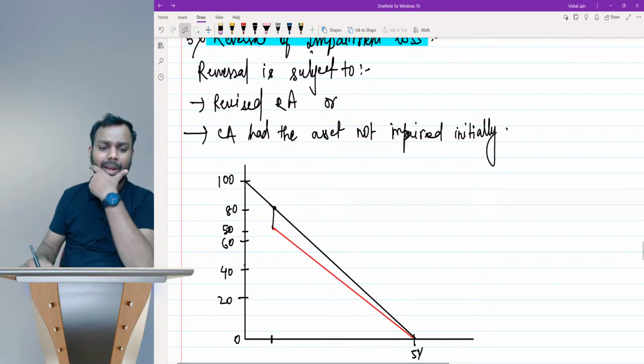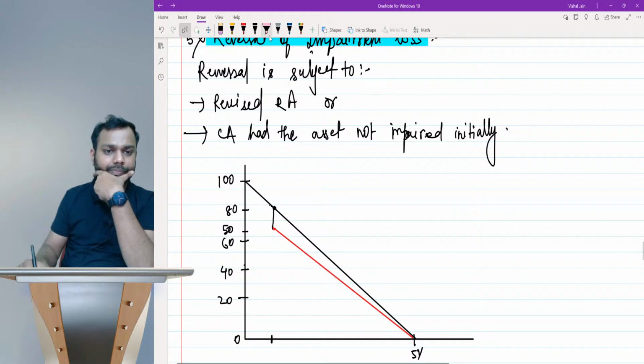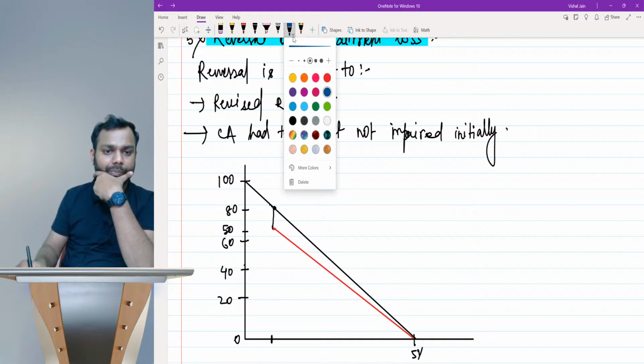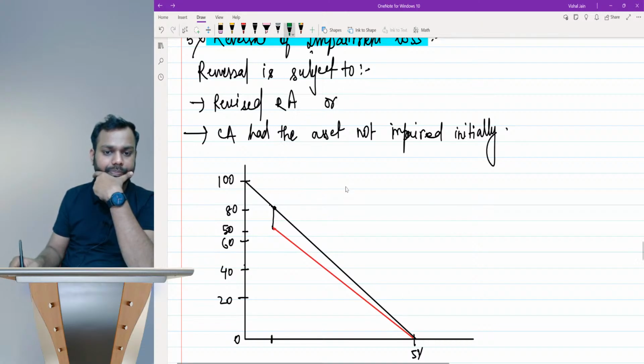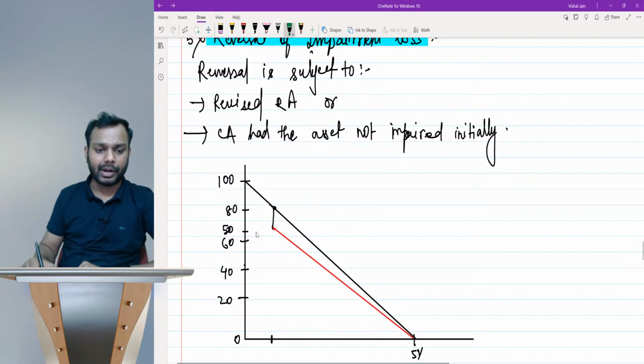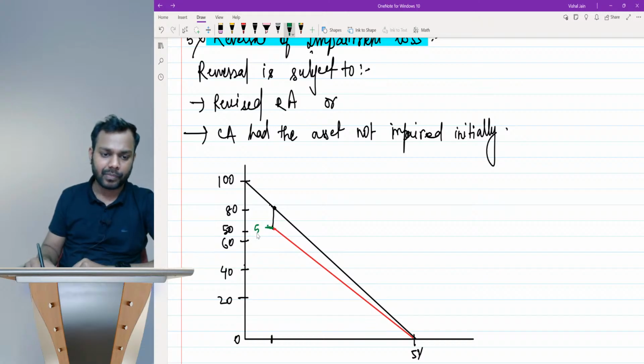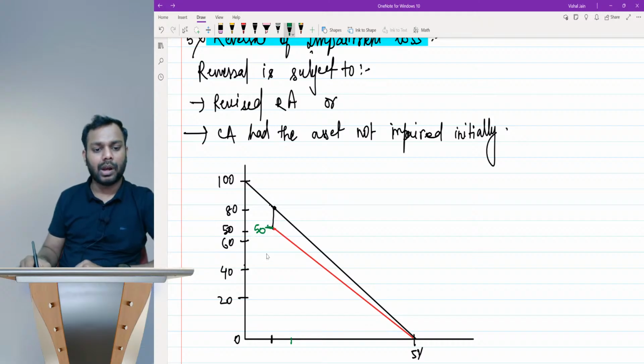But what happens at the end of the third year? Let me take up the blue pen now. At the end of the first year, it becomes 50. At the end of the second year, it becomes how much?